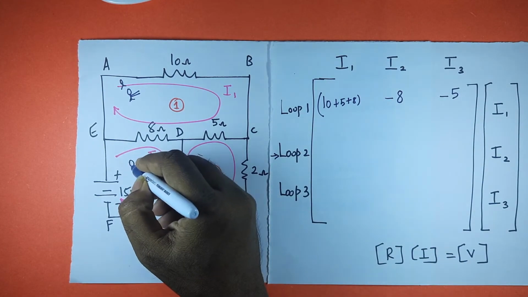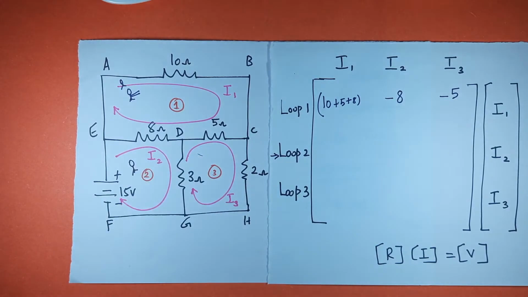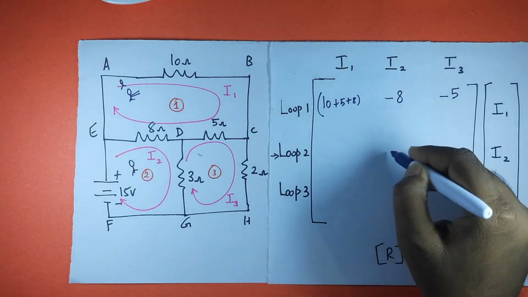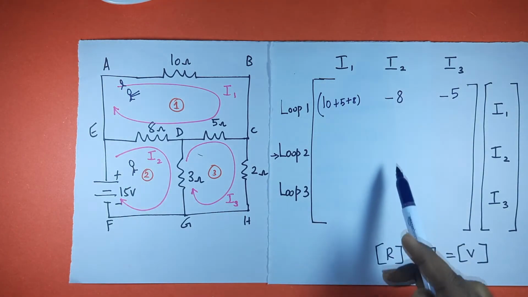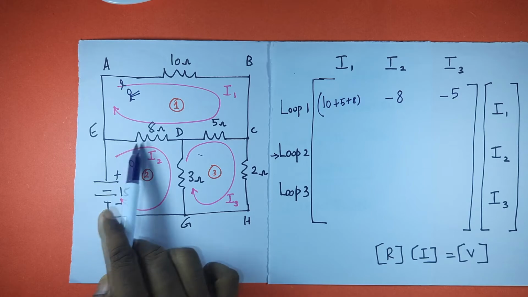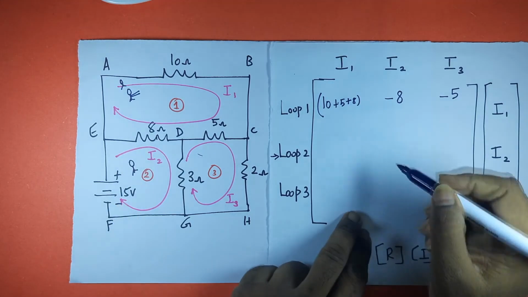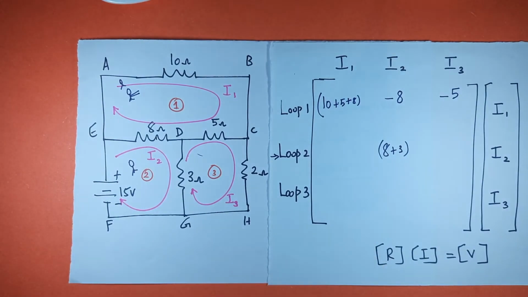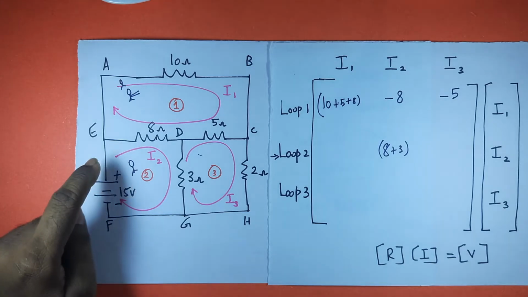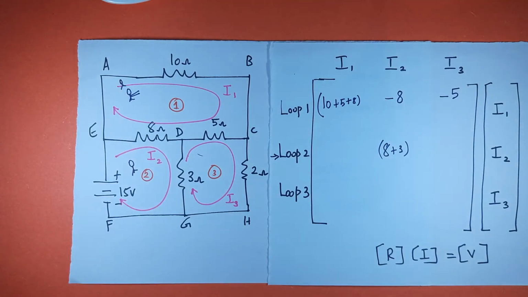Okay. Next we come to loop 2. So you are jumping to loop 2, right? Loop 2 original current is I2. It flows through 8 ohm, 3 ohm. So you write 8 plus 3. Still you are in loop 2. Whether I1 is flowing through loop 2.